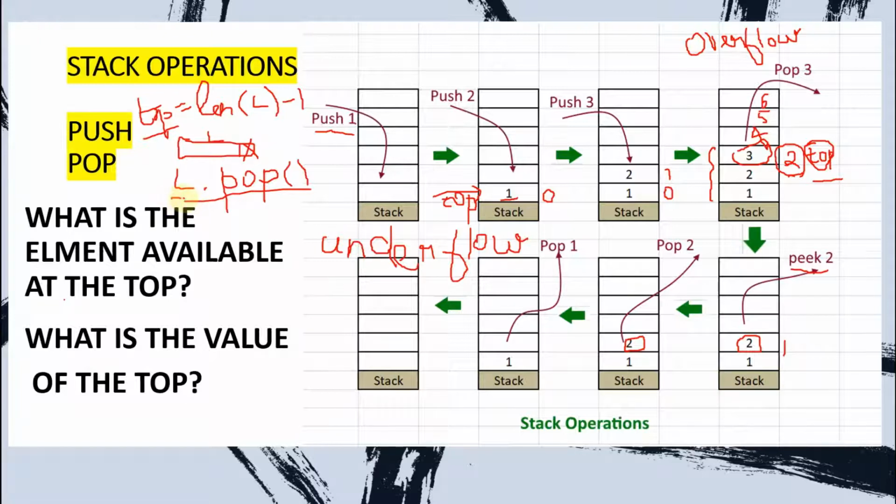Now in this particular slide, I have told you how to find the value of the variable top and how the pop operation is done when I implement the stack operation using a list. There are two questions which I have asked here. After you have listened to what I have told you, what is the element available at the top, the one which is pointed to by peak? You have the top index with you, right?